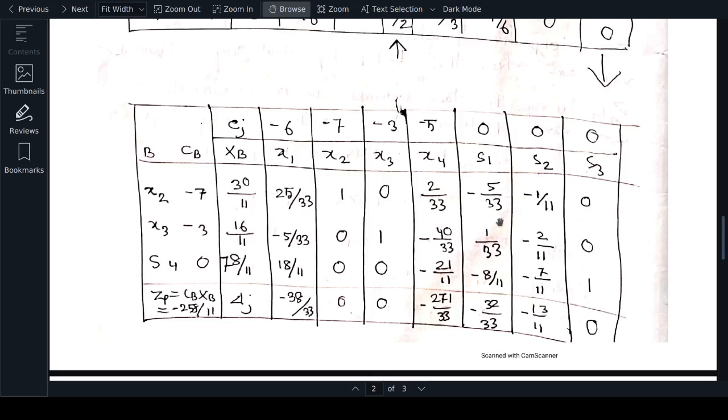In the simplex method, you calculate new element equal to old element minus intersection of key row, key column divided by pivot element. With the help of this formula, in all the tables we calculate the new element. So you need more practice.